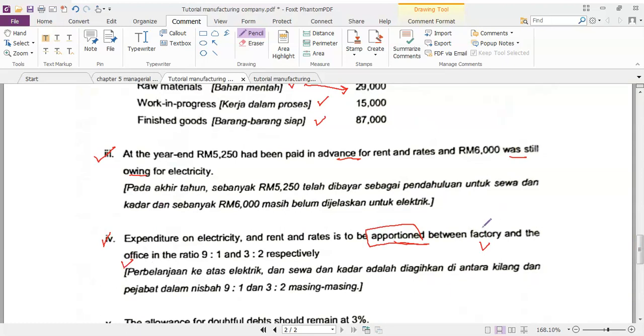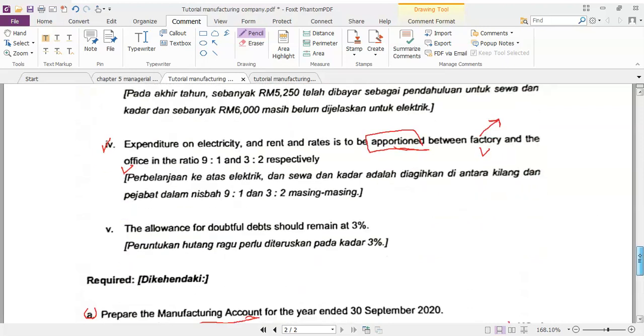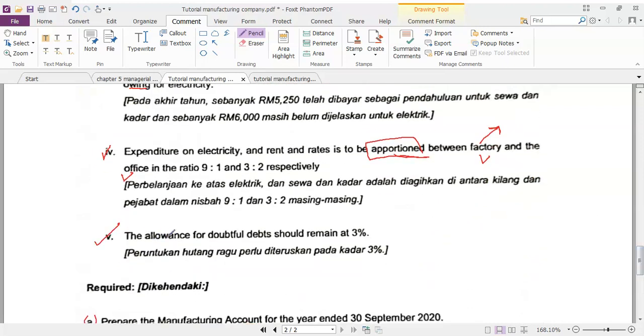Do you remember, when the cost is regarding the factory, factory cost we should include as a product cost. Later on I will teach you how to calculate the allowance for that product, how we can calculate AFTD. After this I will show you.